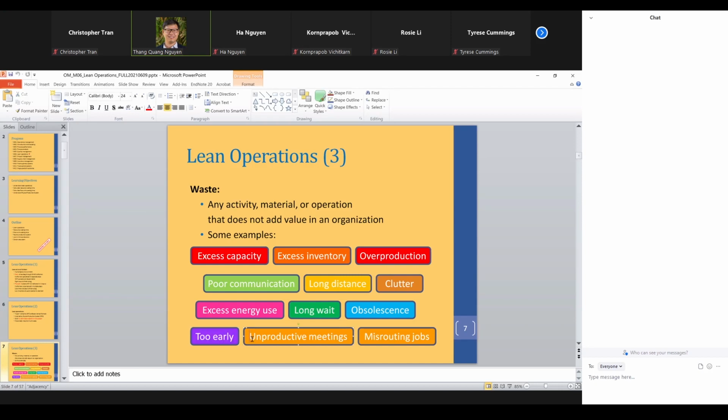Unproductive meetings is another form of waste. Unproductive meetings means what? After like several hours of talking, discussion, argument, people walk away without any specific solution, right? Then that's unproductive. So that's why I think at Microsoft, they put out an initiative where they try to limit the number of meetings per week.